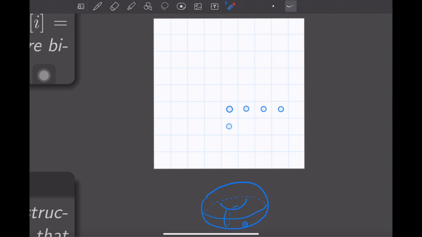So any translation is a biholomorphism of C. But so what does this mean?